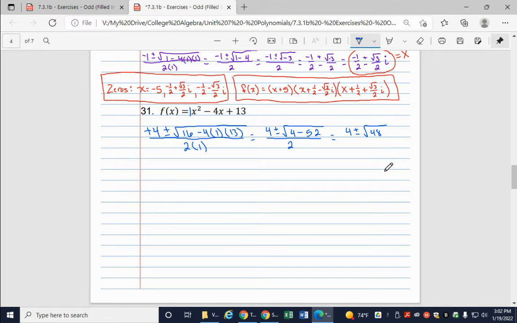Yes, did I do that right? I see a confused face. Did I do some math wrong? Yes. It would be a negative. Good. All over 2. Shouldn't that be a 16? Yeah, like 16 minus 52.